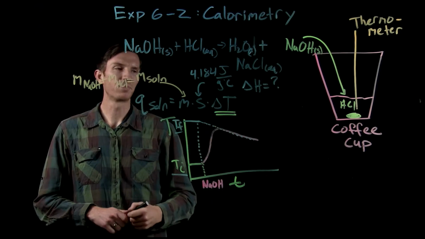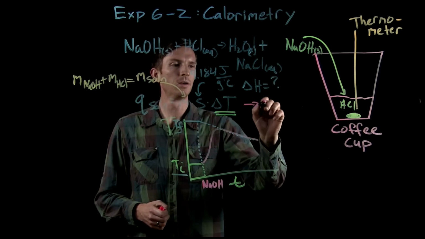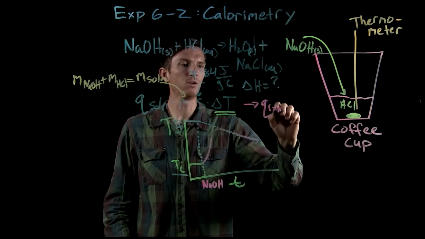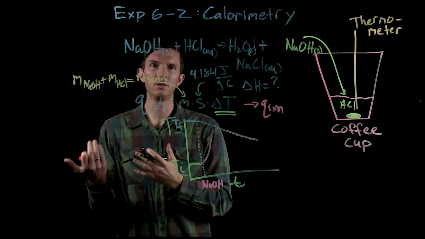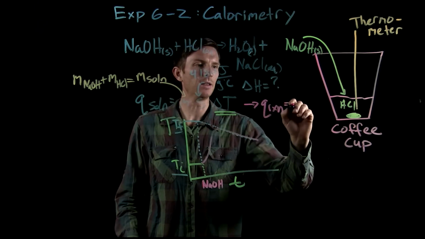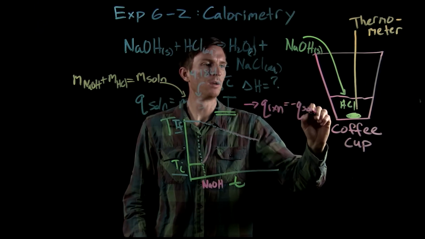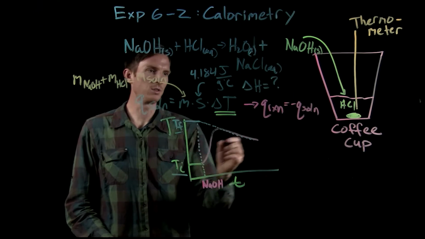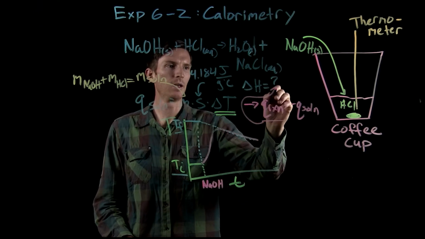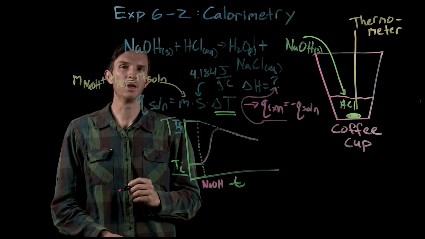The final step is going to be determining the Q of our reaction. Okay, and we know that the Q of one piece is equal and opposite to the Q of the other piece, right? If something loses heat, something else has got to gain it. So then the Q of our reaction is going to be equal and opposite to the Q of our solution, which we can then use to calculate the enthalpy.